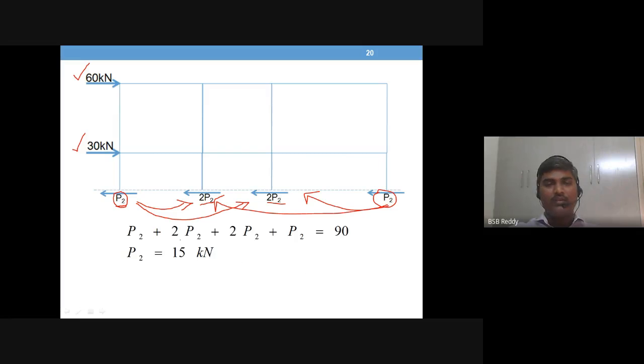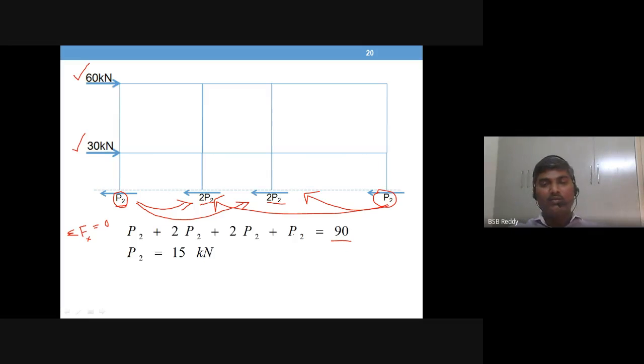Then apply sigma Fx equal to 0, the equilibrium equation. So 60 plus 30, total 90, acting towards the right-hand side.